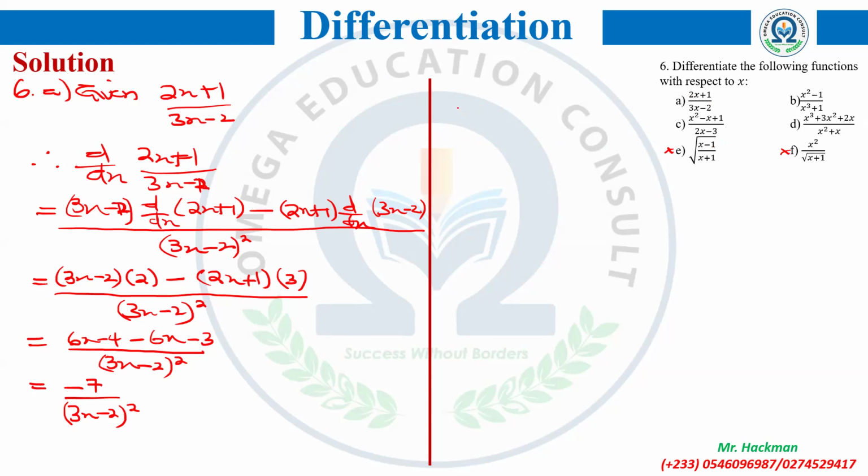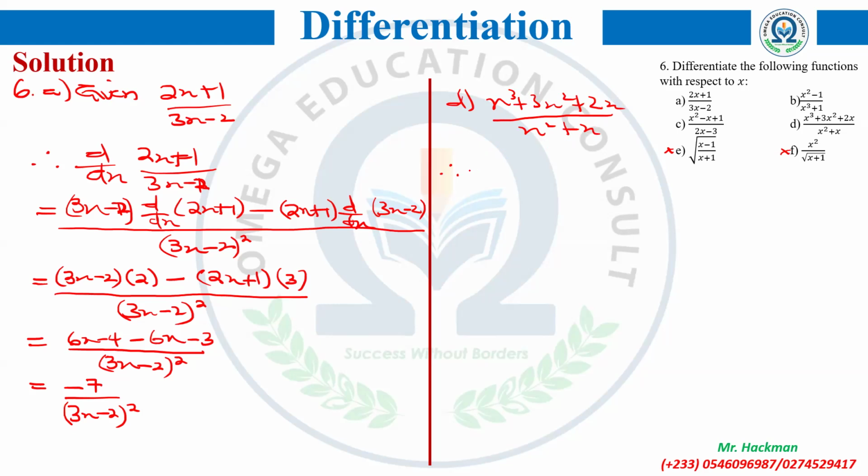Okay, so now D, what are we given? We've been given x cubed plus 3x squared plus 2x, all over x squared plus x. Now you should know, therefore, I am going to differentiate. The function didn't come with a name.